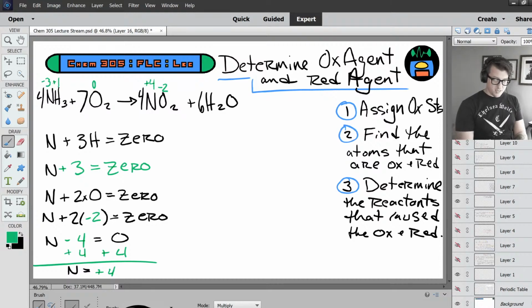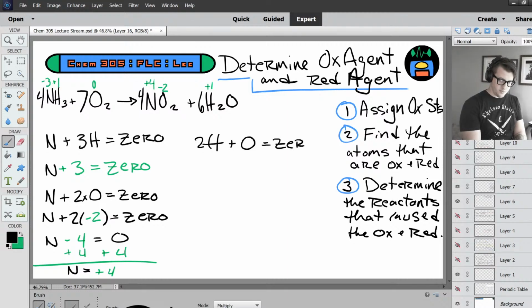Last but not least, we have H2O. Hydrogen is +1, and for oxygen, we've got 2 times H plus oxygen is 0. So 2 times +1 plus O is 0.